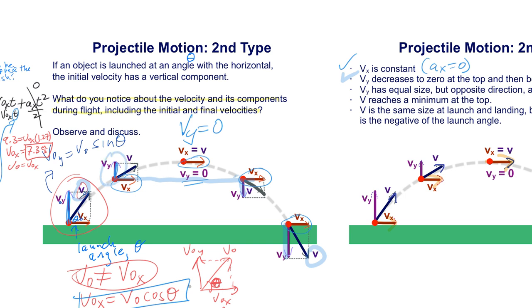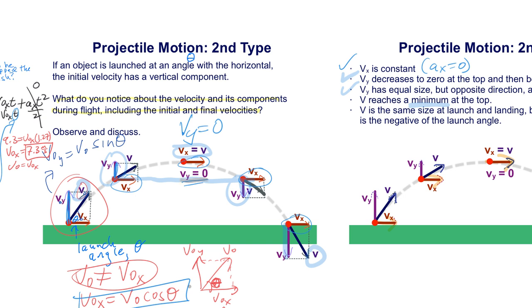So this Vy and this Vy at the same height are equal in magnitude but opposite in direction. V reaches a minimum at the top.